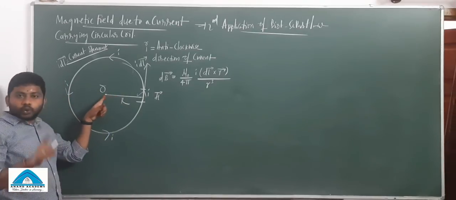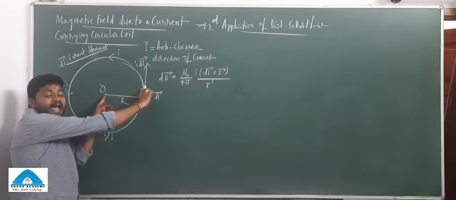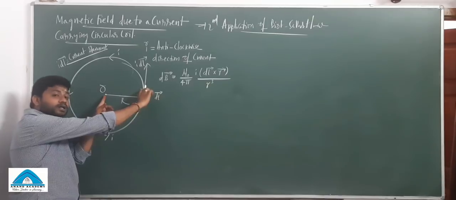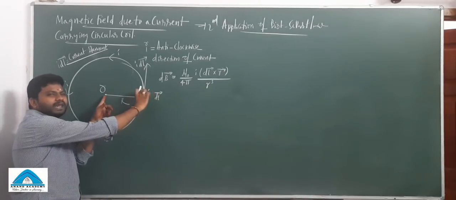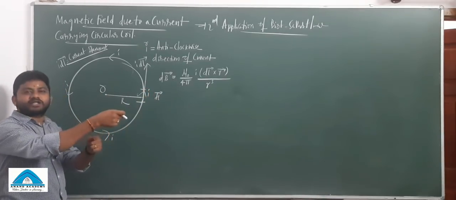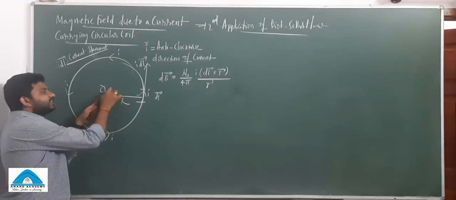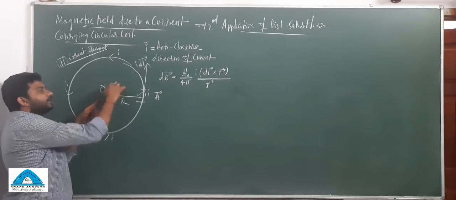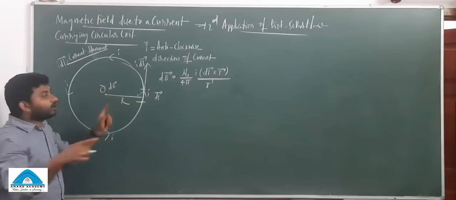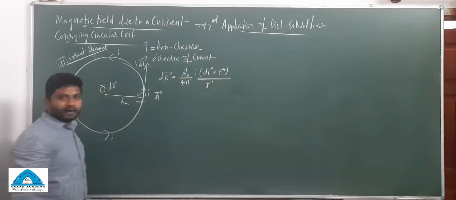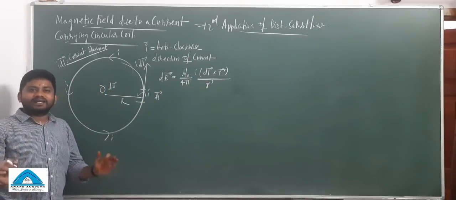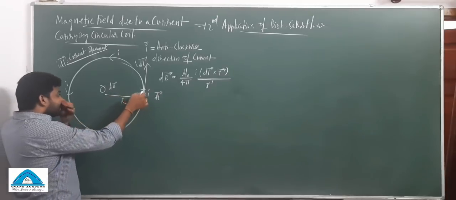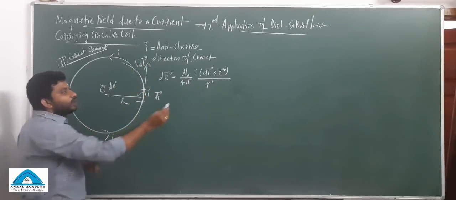At this point O, due to this I dl bar, or due to this small length element through which the current is flowing, the magnetic field at this point will be dB bar. dB bar is because of the small length dl bar. Clear? So now this is dl bar, and where is R bar?